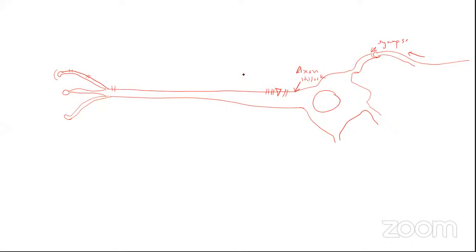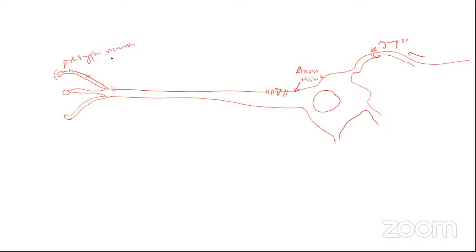Okay, so how is it decided whether the next neuron should fire an action potential or not, or how it will respond to the previous neuron? So there is some nomenclature that is given here. This is called the presynaptic neuron.